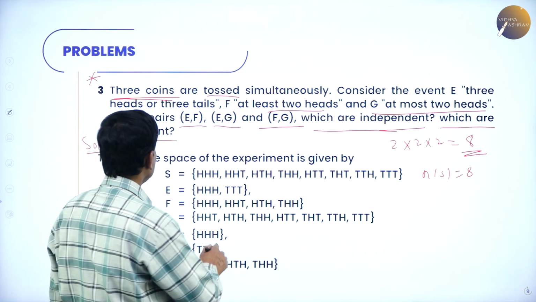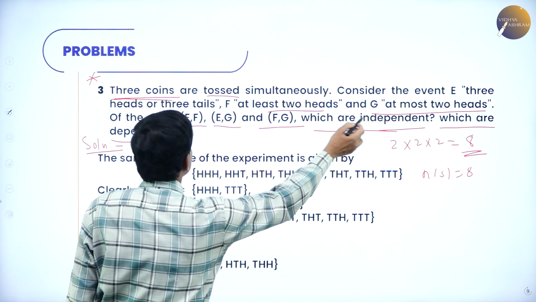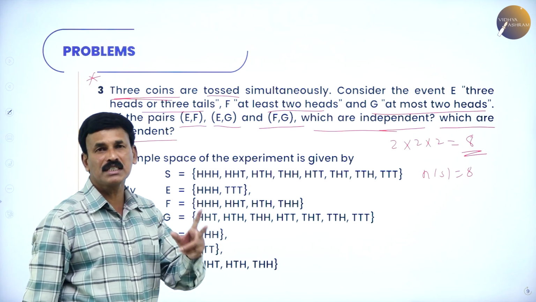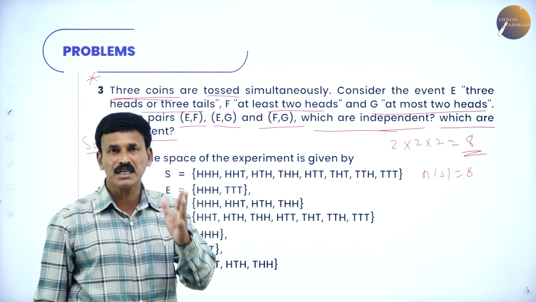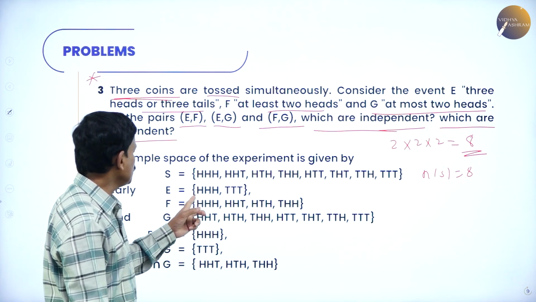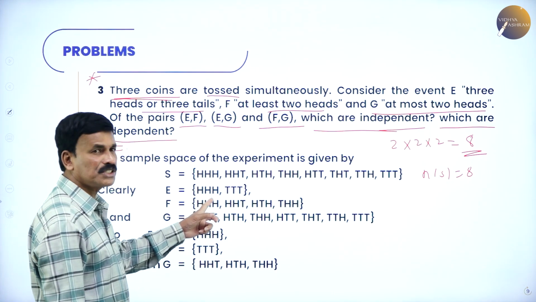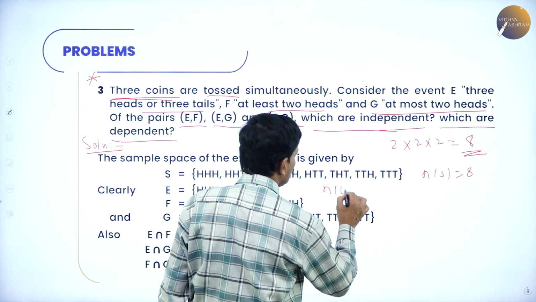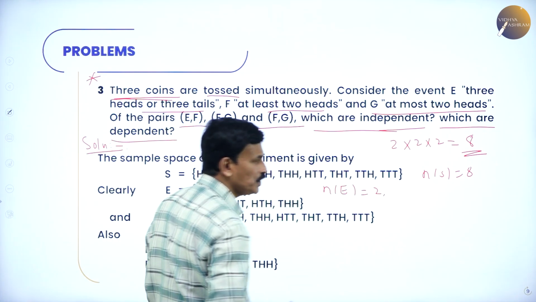Now what is the first condition? E, 3 heads or 3 tails. 3 heads or 3 tails means all the 3 tosses are heads or tails. So E is equal to HHH or TTT. Therefore N of E is equal to 2, there are only 2 events.